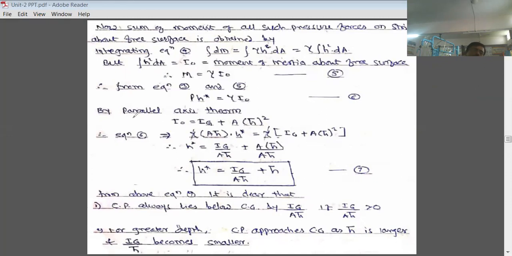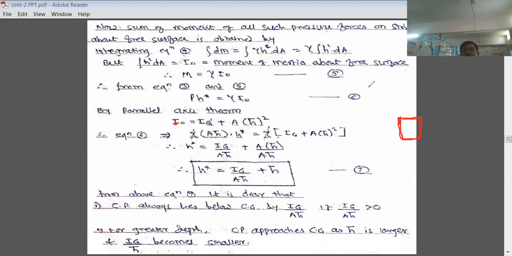Now, by the parallel axis theorem, there is another theorem that we have to use here. We have to take its help to derive this equation. What does this parallel axis theorem say? I0 is equal to Iz plus A h bar square. I will first explain this parallel axis theorem. Suppose this is the object, right?